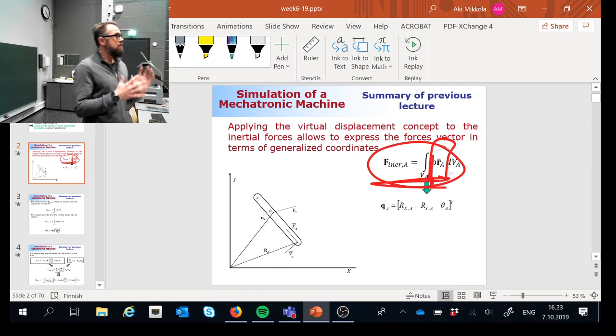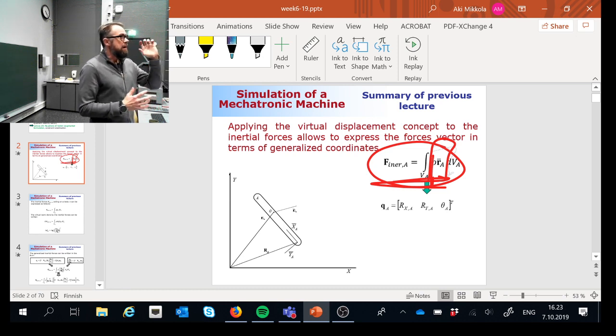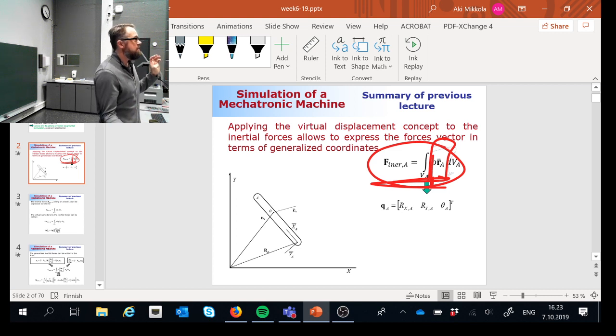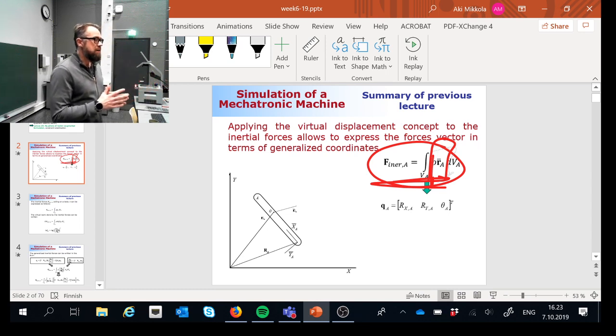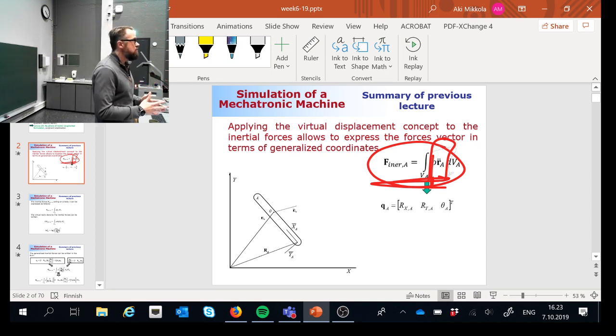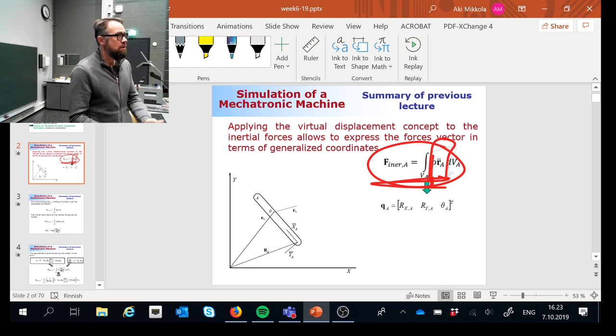That vector consists of two components: the acceleration with respect to the global x axis and the acceleration with respect to the global y axis. That's not good. I would like to express all the forces in terms of generalized coordinates. So how can I make that mapping possible?